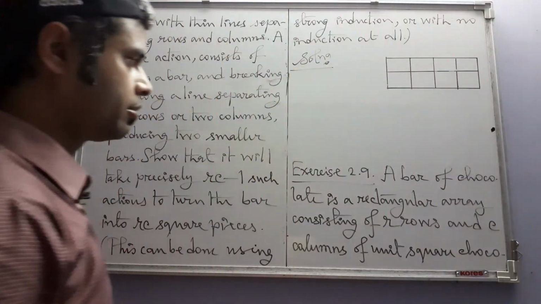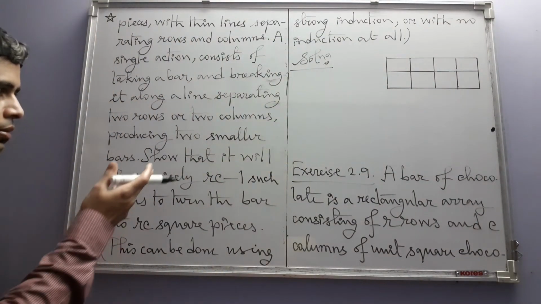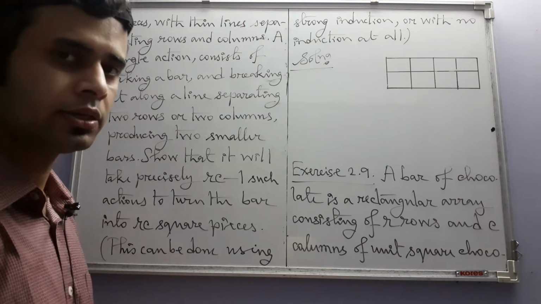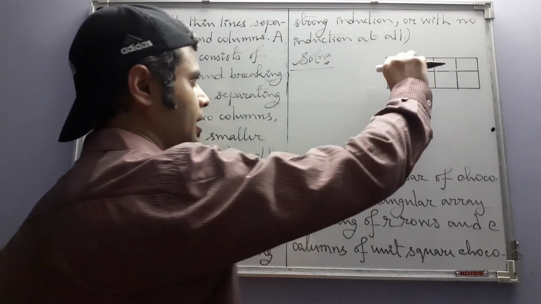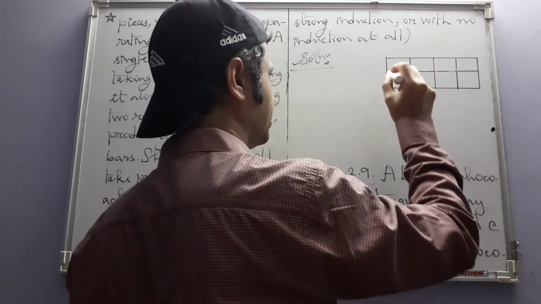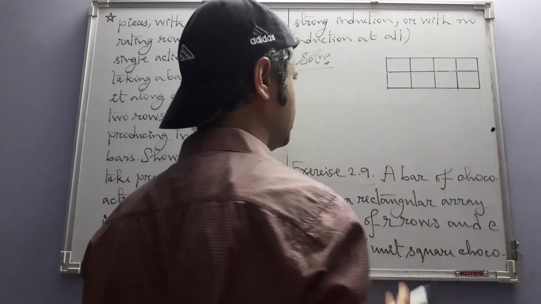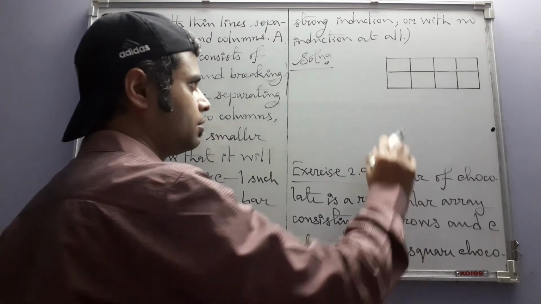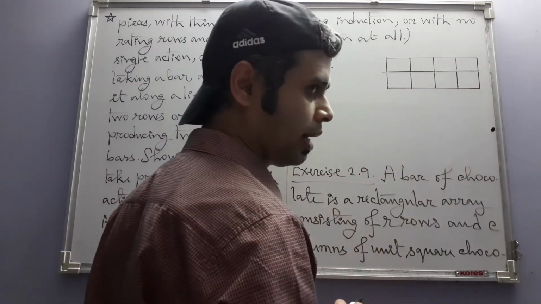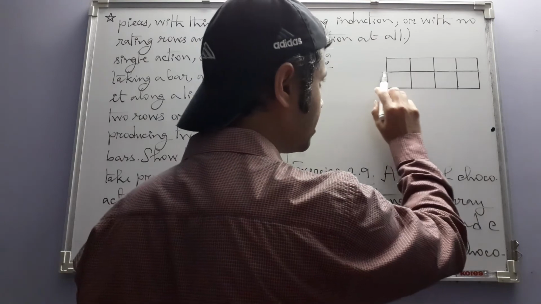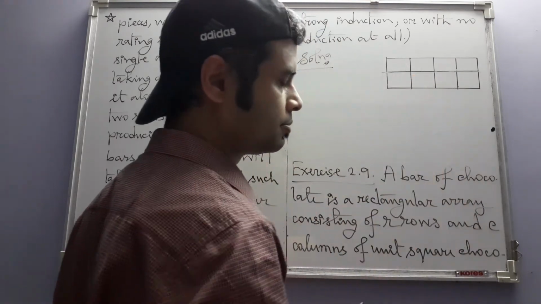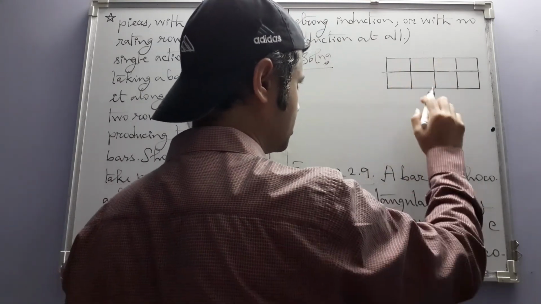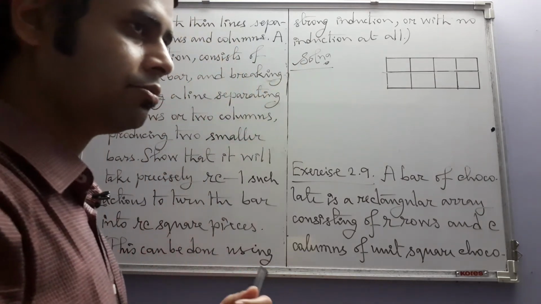So what the author is saying is that we are going to call these things actions. Either you break this bar along this line, creating two smaller bars along a row line or along a line between these two rows, or you do that breaking along a line between two columns.